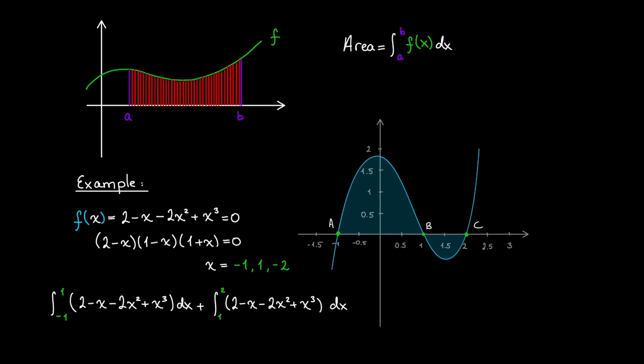However, a question you might be asking would be, why not just construct an integral from -1 all the way until 2 of our function f of x? The answer would be, the area that is under the x-axis is technically negative. It means when calculating this integral from 1 to 2, the value you're going to get is a -1.